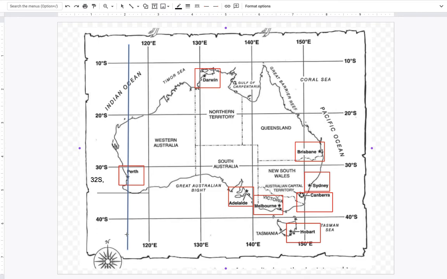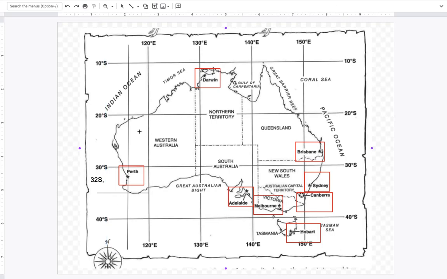Okay, 130, 120. So what is this about? It looks like it's almost midway between, because if I put another imaginary line of longitude right here, that would be 110 degrees east. And it looks like Perth is almost smack dab in the middle of 120 and 110.